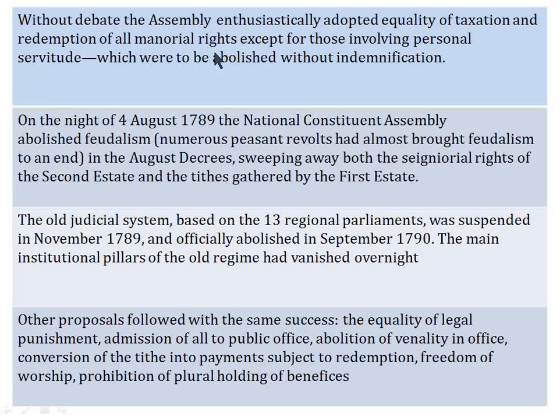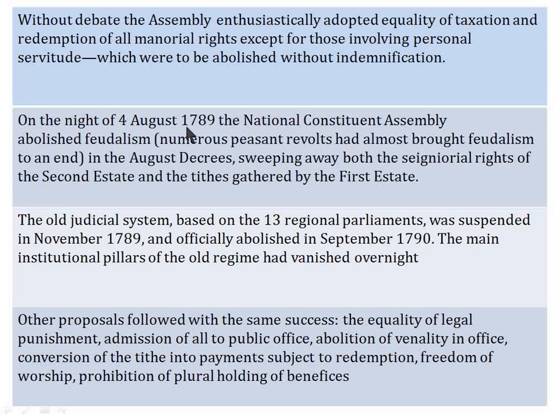So all I understood in this paragraph: without debate, there was an assembly which adopted equality of taxation and did something to the rights, and except for some people, and next I don't understand. So technically this can't be first because they have mentioned "the assembly." There must be the name of an assembly before this paragraph, in the previous paragraph, because whenever we use the word "the assembly," it means that particular thing is already introduced in the previous paragraph. So next just go with the second one.